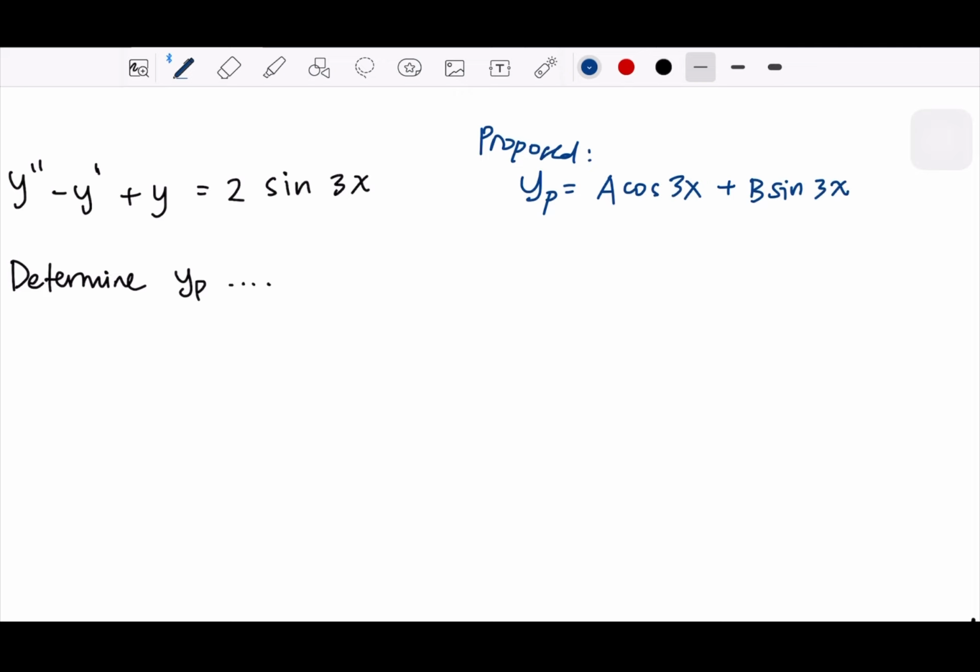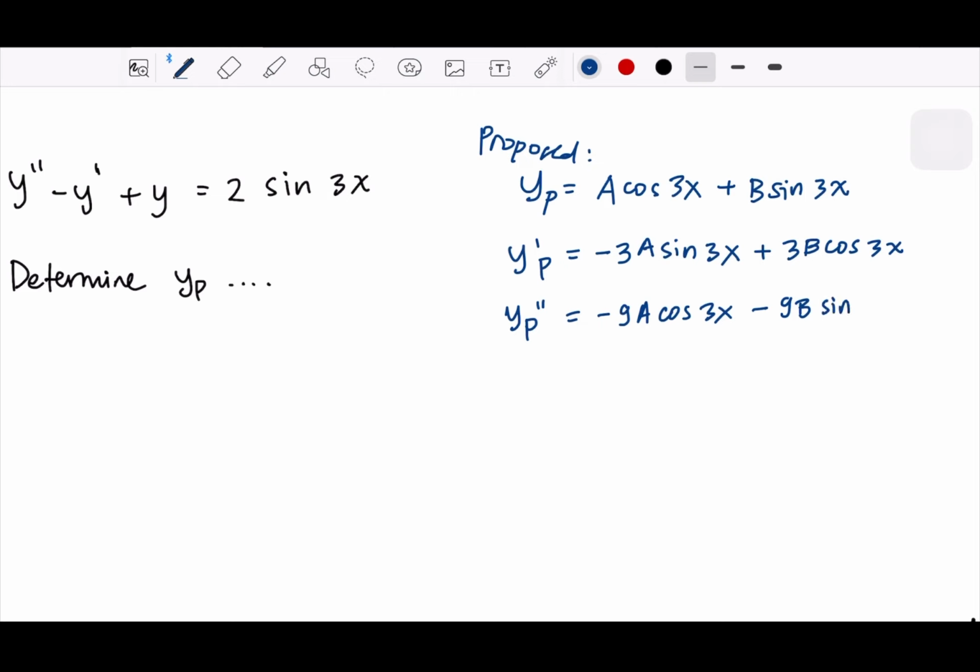Okay, because when we derive, we can check the derivative. This will be negative 3 sine 3x, and then plus 3 cosine 3x. Oh, I forgot to write a and b, sorry. Negative 3a sine 3x plus 3b cosine 3x. And then one more time, we take negative 9a cosine 3x, and then minus 9b sine 3x.